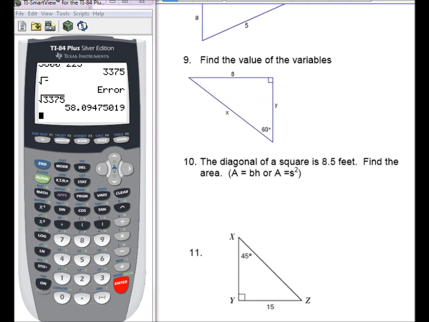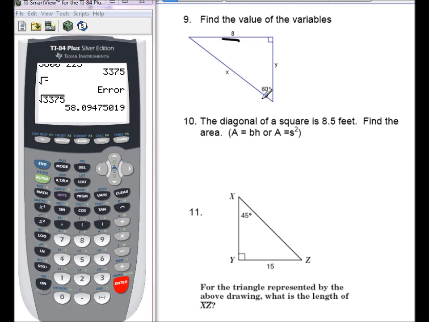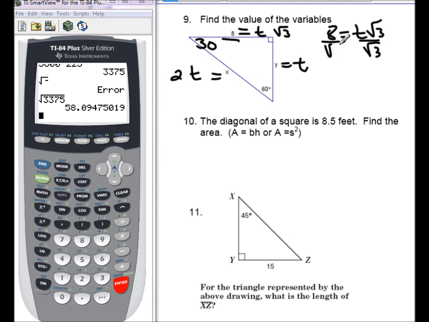Number 9, we have one side and one angle, looking for the second side. And when one of the angles is 60 degrees, that means we're using special right triangles, 30, 60, 90. Opposite the 30 is t, opposite the 90 is 2t, and opposite the 60 is t square root of 3. So the side that has a number next to it is 8. So we want to solve for t. 8 equals t square root of 3. So we're going to divide both sides by the square root of 3 in order to get t.